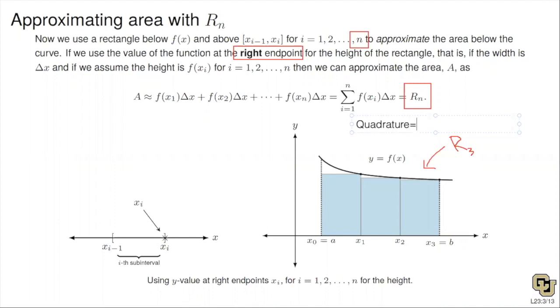Quadrature is more realistic in terms of finding an integral, because in the real world, it's not necessarily easy to find the antiderivative of a function. In fact, not all functions have antiderivatives. For example, we're still trying to figure out what the antiderivative of 1 over x is. So in the real world, it's more practical to use a formula like this.